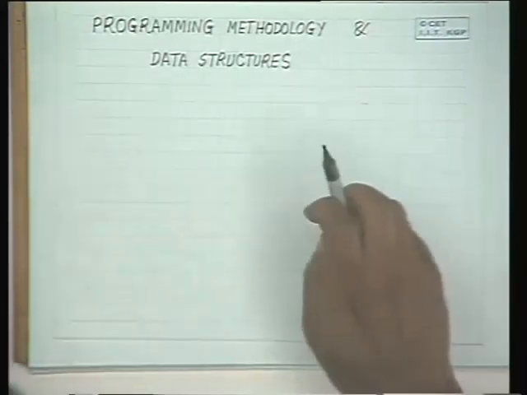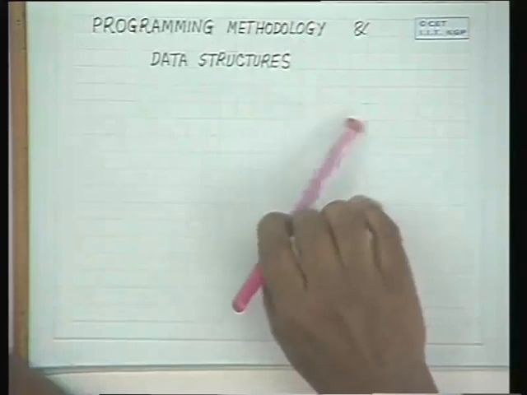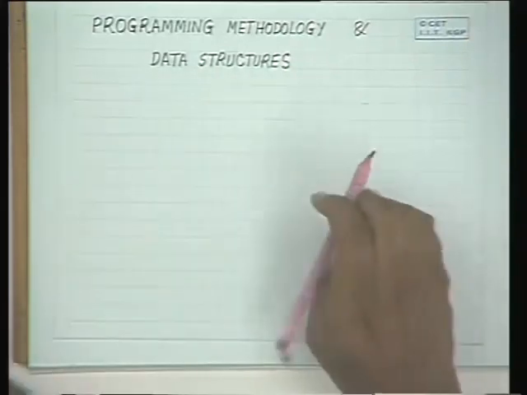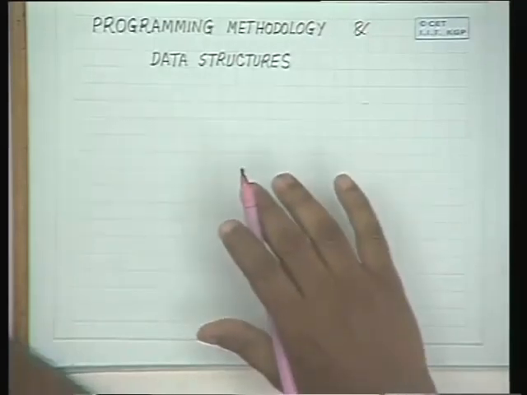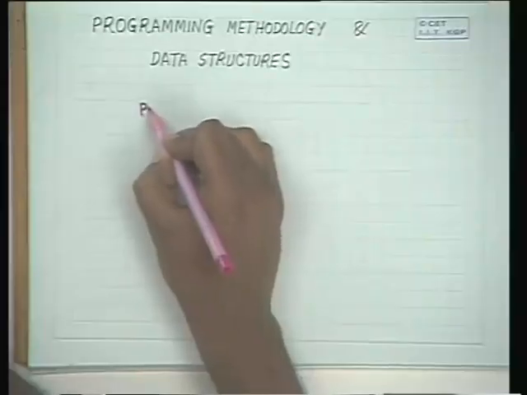Now the core issue in all these aspects which require both programming methodology and data structuring lies at one point. The first point is that you are given a problem, and given this problem you have to solve it efficiently. So the issue at hand in most tasks of computer science is the issue of problem solving.